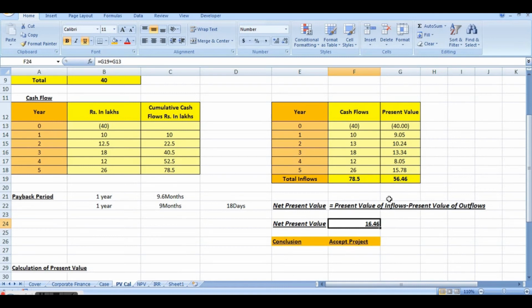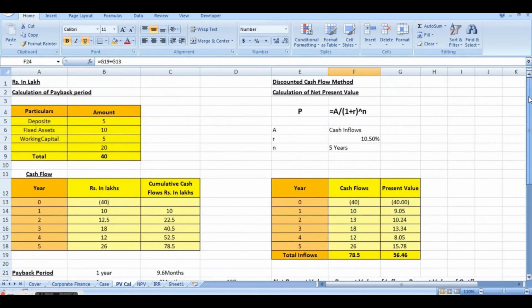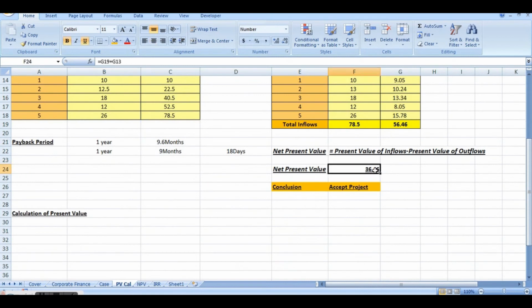But can you see the change? The change is immediate. You don't have to do any rework at all if you are changing figures, adding or deleting figures from it. Back to the original answer, accept the project as the net present value is positive.